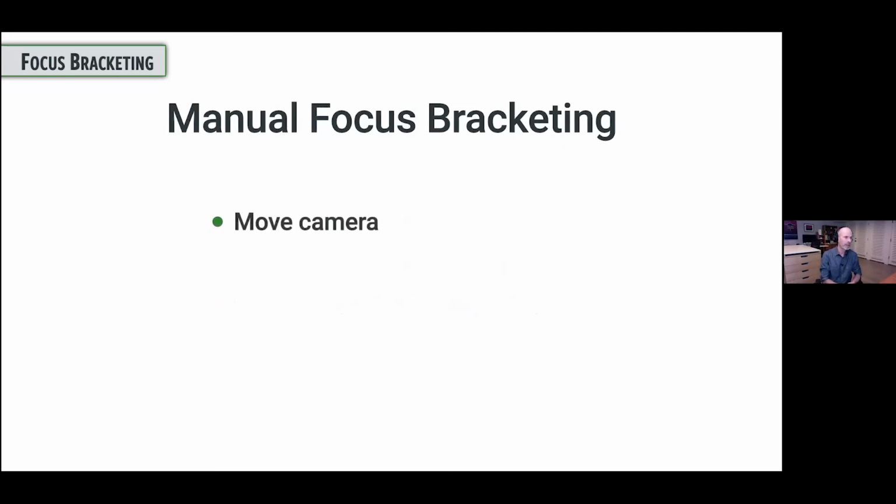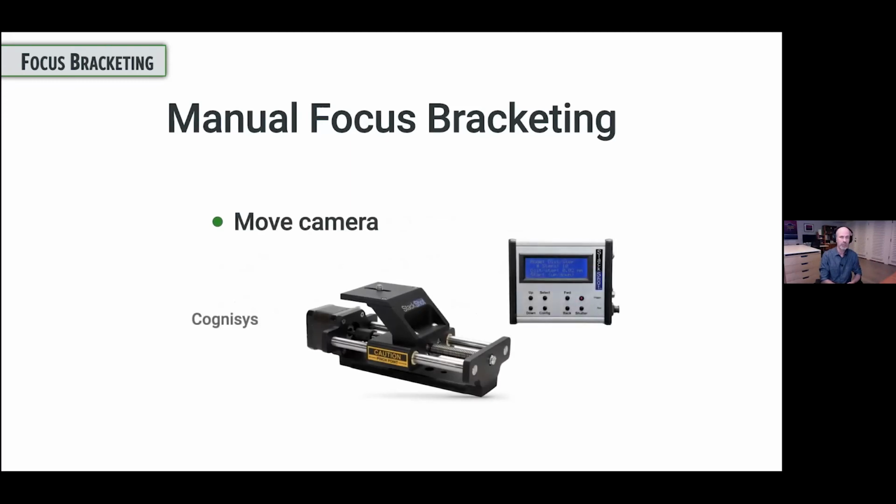Now, for a while, there was a number of tools out on the market. I'm sure they're still out there, but now that a lot of cameras have features built into them, we don't need to buy these other tools. They are out there. And if you do want to get, well, pixel peeping perfect about this, these are a little bit better than the in-camera technique. When you're doing it in camera, you're changing the focus of the lens, which is causing focus breathing.